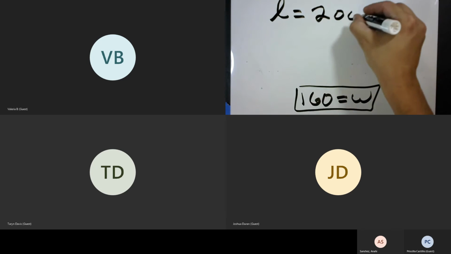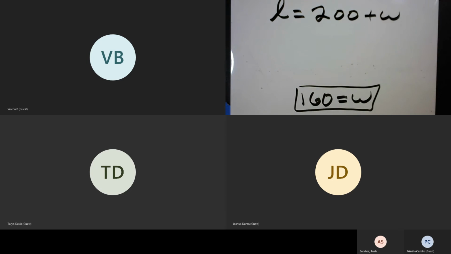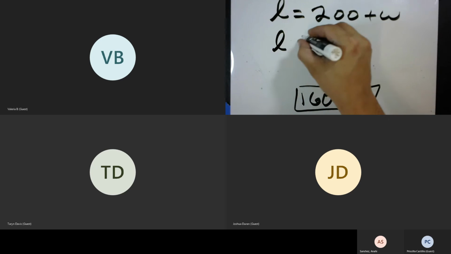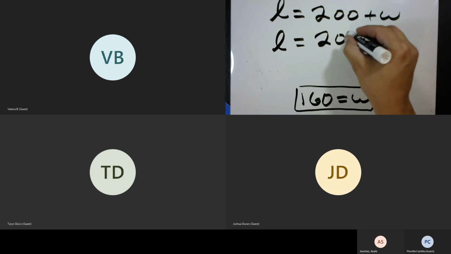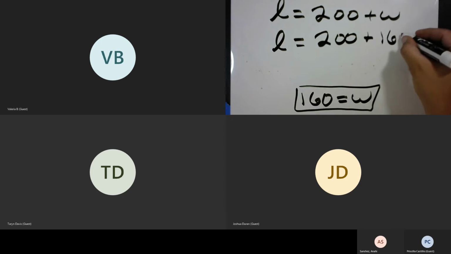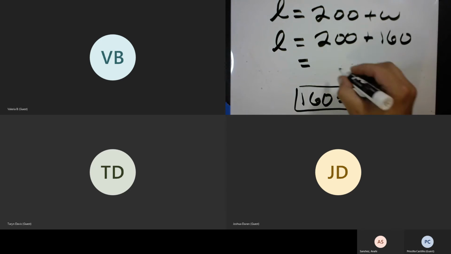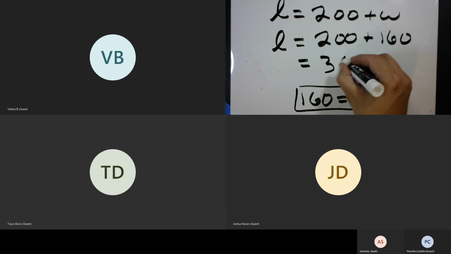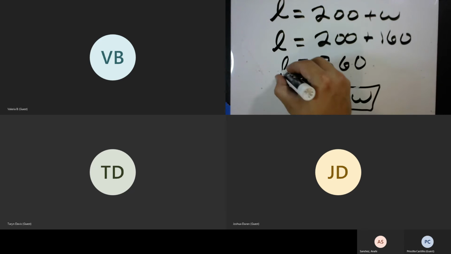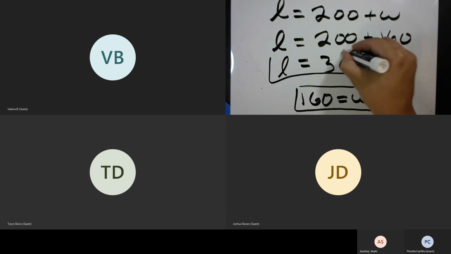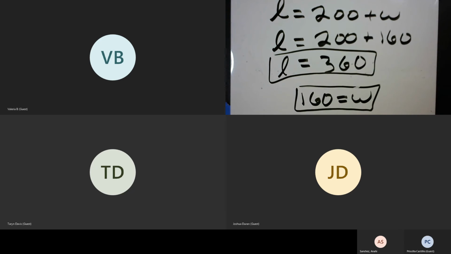The length is 200 more than the width. Well, now we know the width is 200 plus 160. Well, that means our length will be 360. And now we have our unknowns. We're all done.